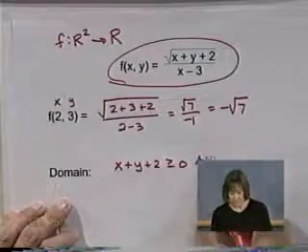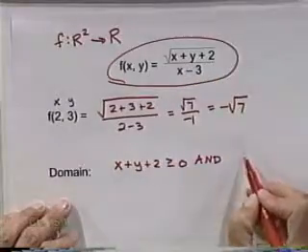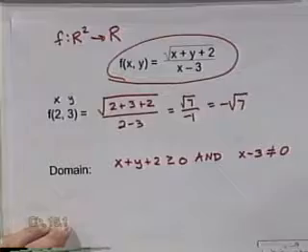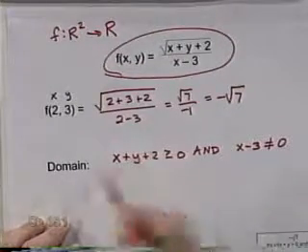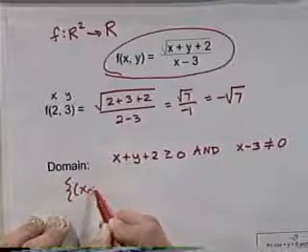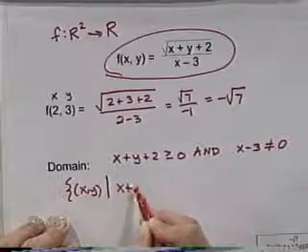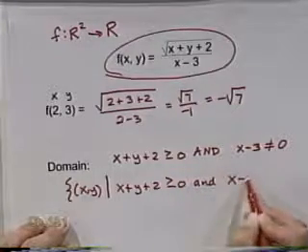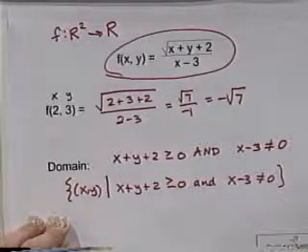In addition, the denominator cannot be 0, so I need x minus 3 not to equal 0. And that would be my domain: the set of all points x, y such that x plus y plus 2 is greater than or equal to 0, and x minus 3 does not equal 0.